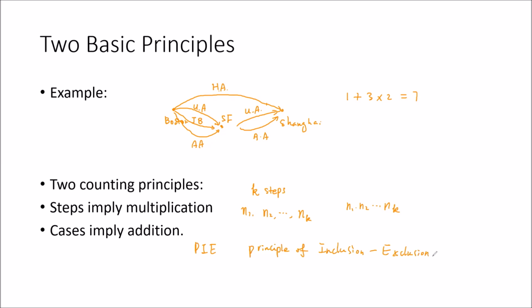It's kind of cute, so I adopt this way of saying the principle of inclusion-exclusion. Basically, you add, but then you have double counts, so you subtract those double counted ways. We're going to talk about that later on. But in general, you have cases, you should add and be careful with double counts.